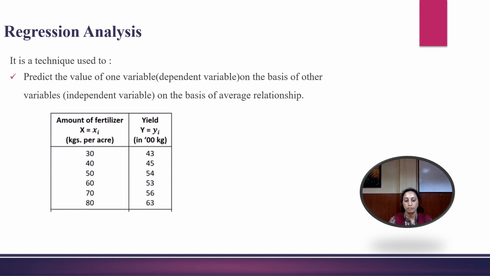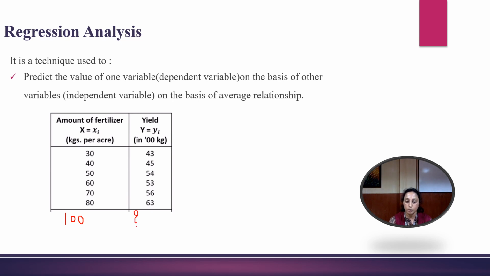Here we have a table which represents the data: amount of fertilizers and the yield. If we know that these two variables are correlated, then with the help of regression analysis we can estimate what the yield may be if 100 kilograms of fertilizer is used.